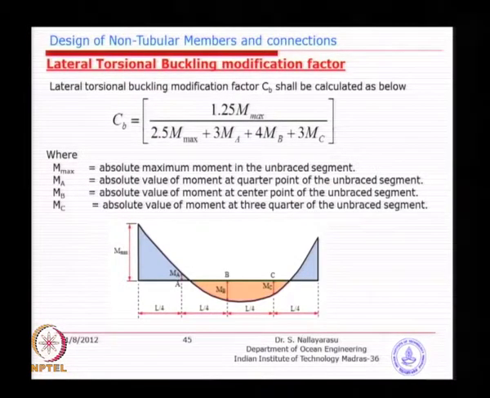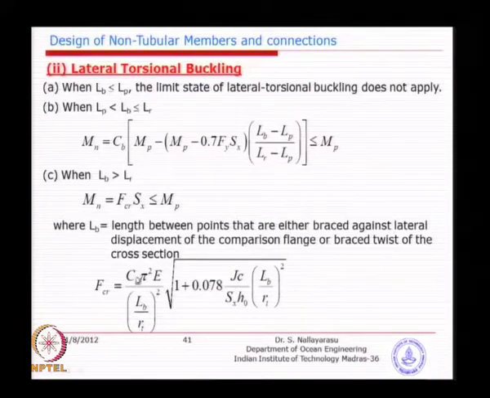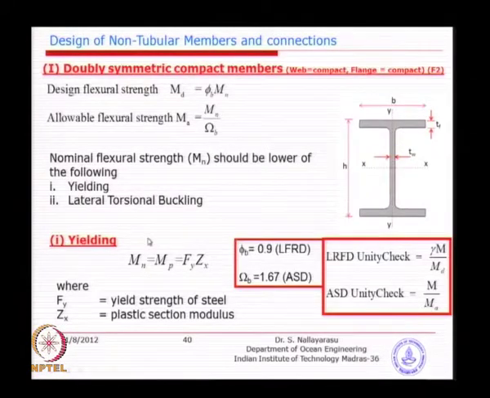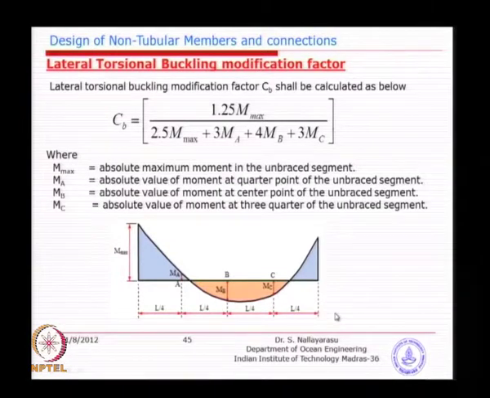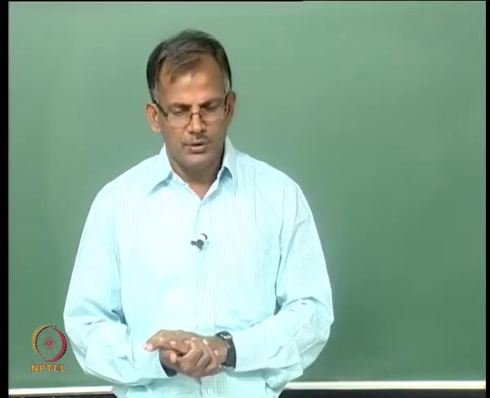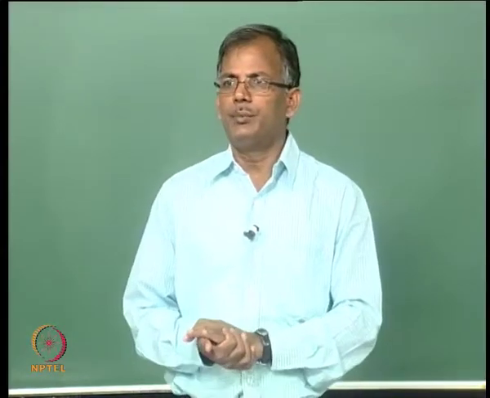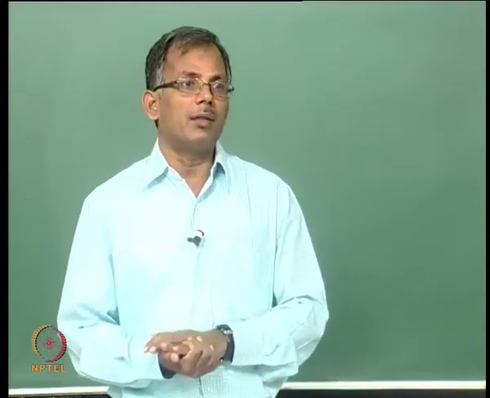The value of CB, which appears in many of the equations, depends on the moment distribution across the member, very similar to the values of CM, which we talked about during the design of tubular members. It depends on the distribution or profile of the moment along the member length.